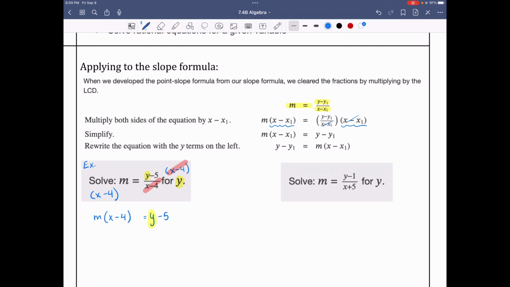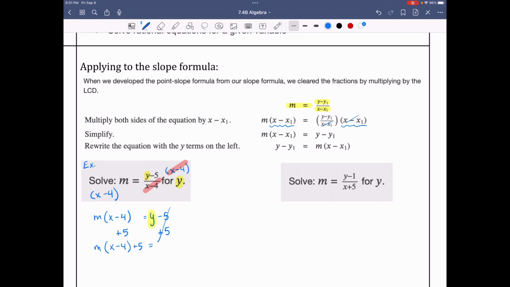The only thing left on the side with the y is the 5, so I will add 5 to both sides. Then we have m parentheses x minus 4 plus 5 equals y.